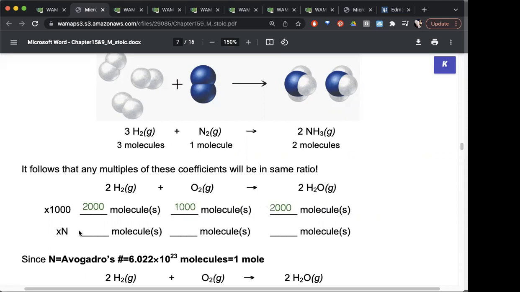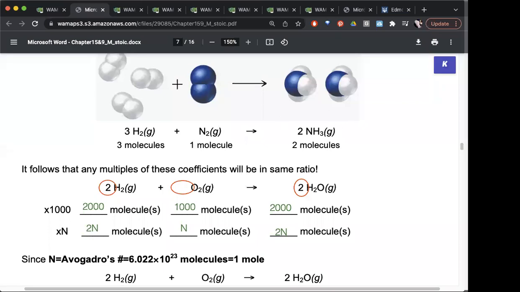Or it could be Avogadro's number, right? So this could be 2n, n, and 2n. You see, I'm just using those coefficients to keep track of the ratio. So if we're talking about Avogadro's number, then we can just use moles.